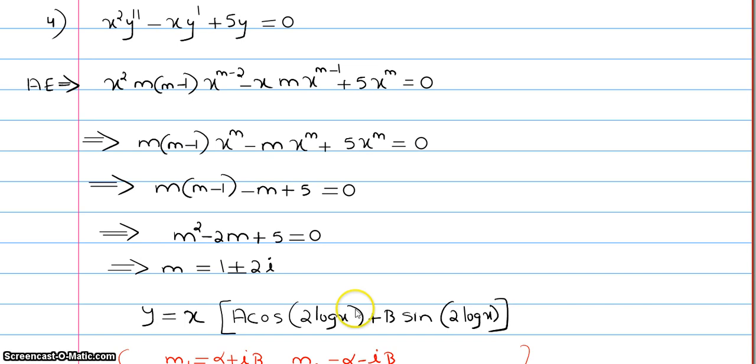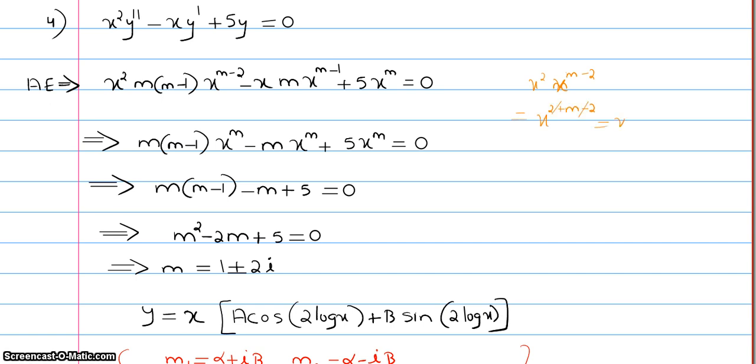Then the next problem: solve the differential equation x square y double dash minus xy dash plus 5y equal to 0. Substituting y double dash as m into m minus 1 x raised to m minus 2, y dash as m into x raised to m minus 1, and y as x raised to m, and combining the powers, x square into x raised to m minus 2 will get x raised to 2 plus m minus 2.